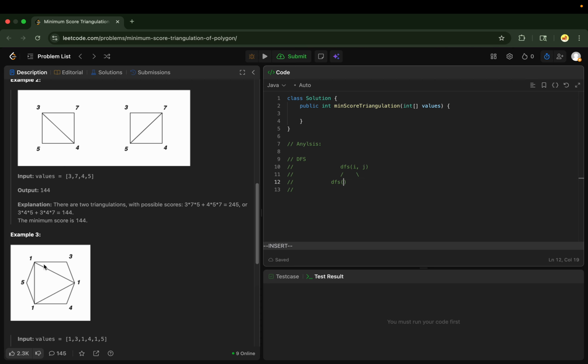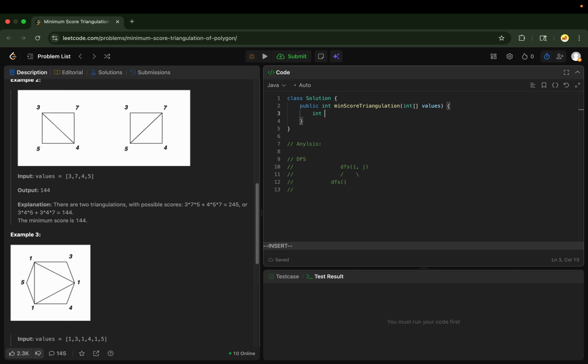This is also a triangle. So we can start this way: you have the two fixed variables, and the other one varies, and keep finding them and calculate. Let's see how to write the code.